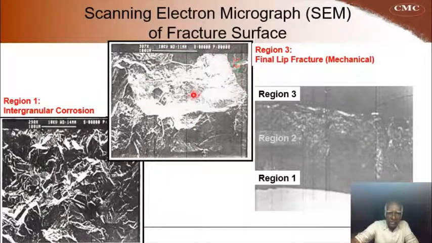This is almost a flat surface compared to the grain-like surface here. And so this is intergranular corrosion, and after the thickness reduced from inside towards outside, this final lip fracture has occurred. So this is the final mechanical fracture.